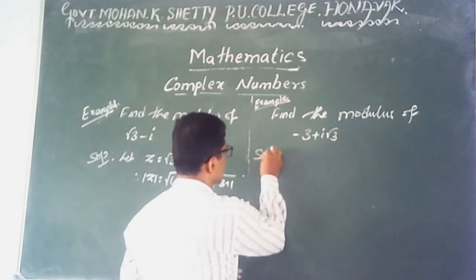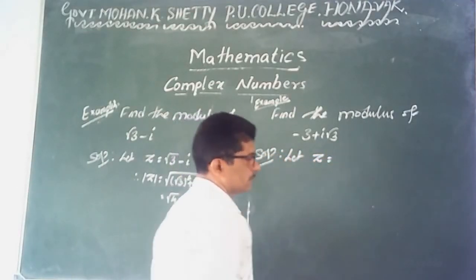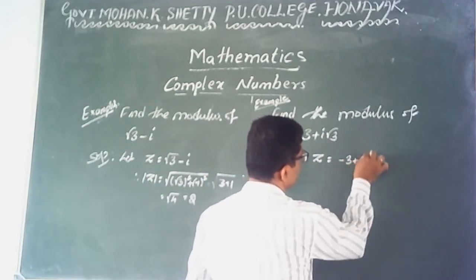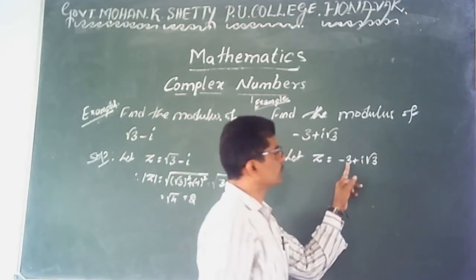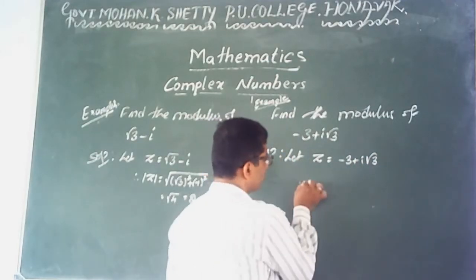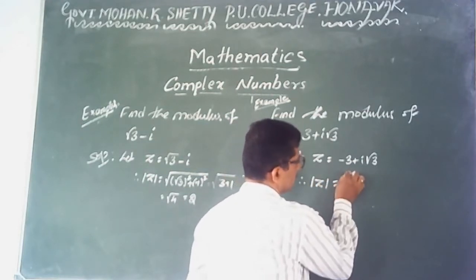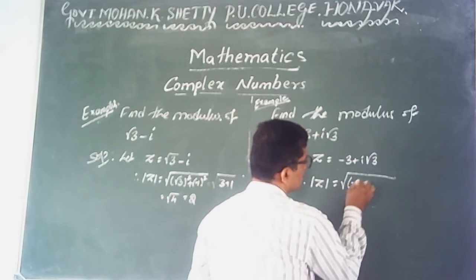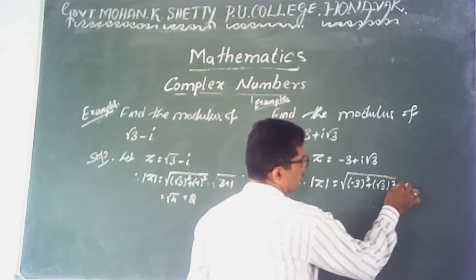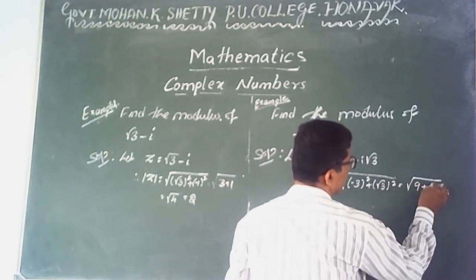Here also, the given complex number z is equal to minus 3 plus i into root 3. It means a is equal to minus 3 and b is equal to root 3. Therefore, the modulus of the given complex number, written in notation form, is the square root of minus 3 whole square plus root 3 whole square. Its value is equal to root of 9 plus root 3 square is 3.